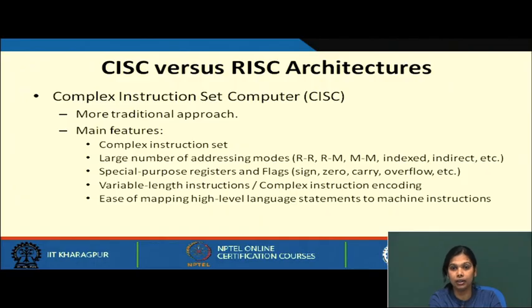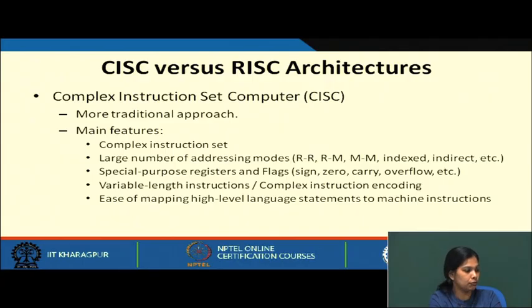As I have already told earlier, if you have a fixed length instruction, it becomes easy for encoding, but if you have variable length instruction, then the encoding is a little complex, and it also takes some more time, because you have to know each of the bits, and based on that a particular action will be performed.